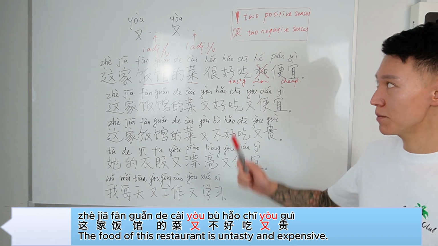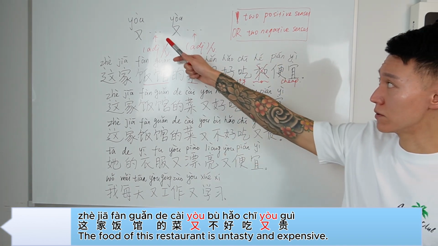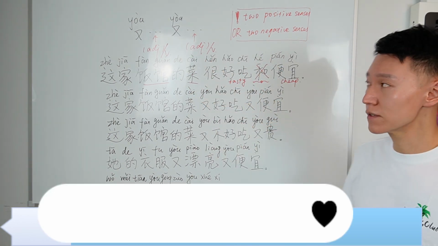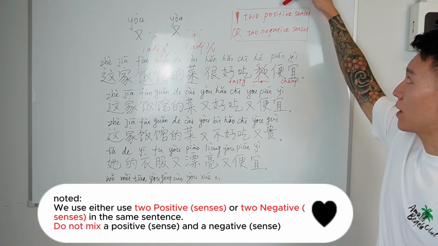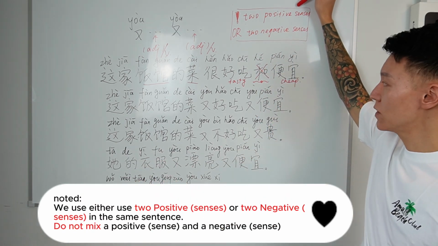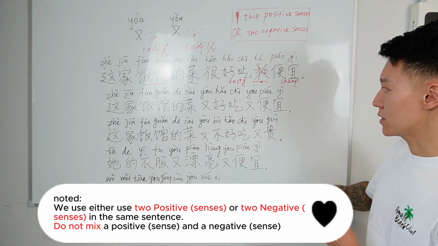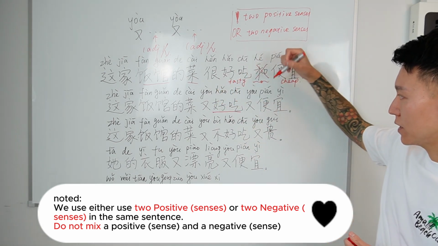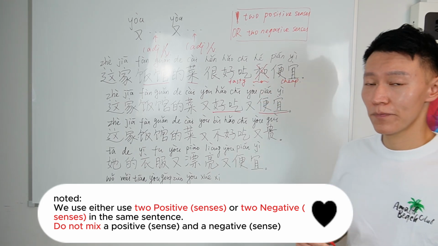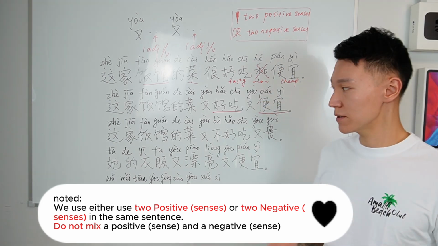Alright, do you still remember this rule? When you use 又 to connect two adjectives, we have to use either two positive adjectives or two negative ones. So here in the first sentence, 好吃 tasty, 便宜 cheap, there are two positive senses.